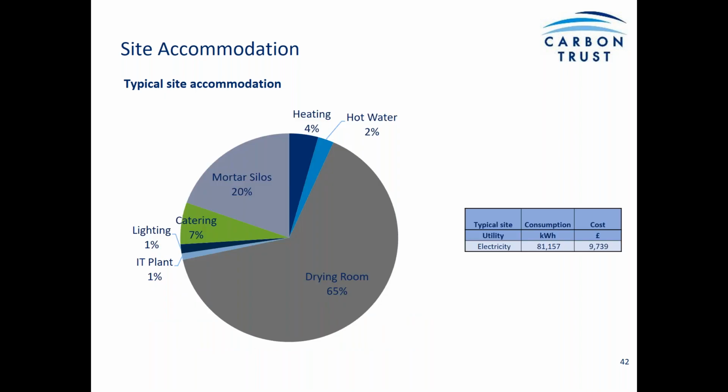So that then highlights for us again where the main opportunities are in terms of the impact that can be made, and where we would want to focus our attention. And again, it goes around the drying room, but there's also opportunities with regards to the overall heating in the offices and the lighting.